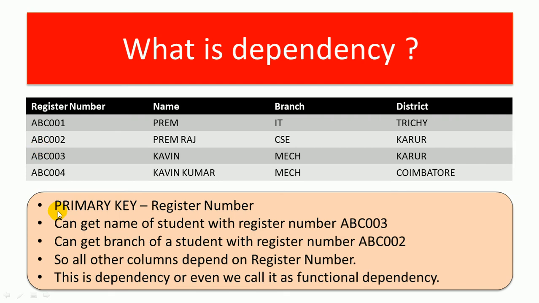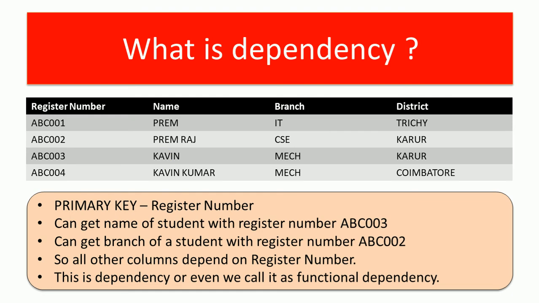The first point, the primary key is register number. So what do you mean by primary key? Before explaining that, I will take this column, name. I'm trying to get the district of a student whose name is Kavin. By viewing it manually, I'm getting confused whether the city is going to be Karur or Coimbatore, because we have two names, Kavin and Kavin Kumar, which are more or less the same in the first name, and the last name differs.